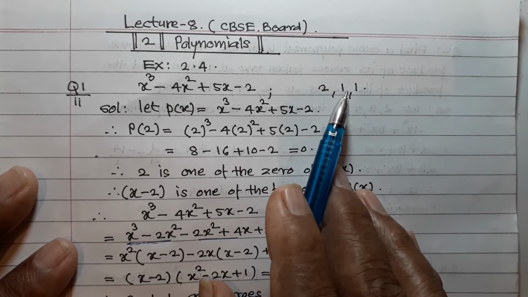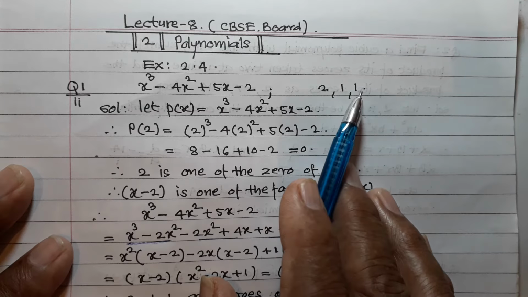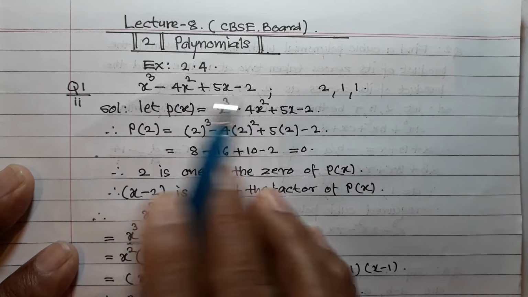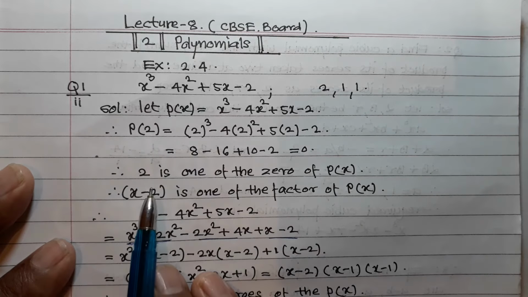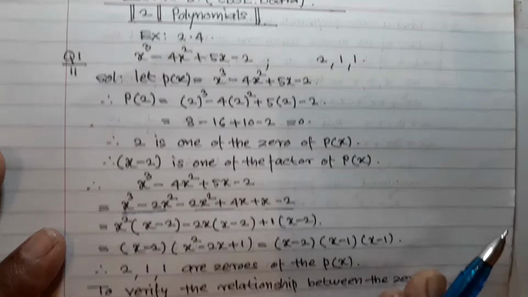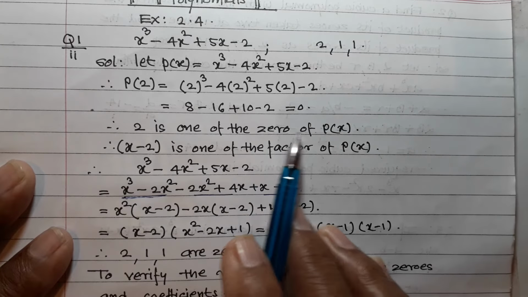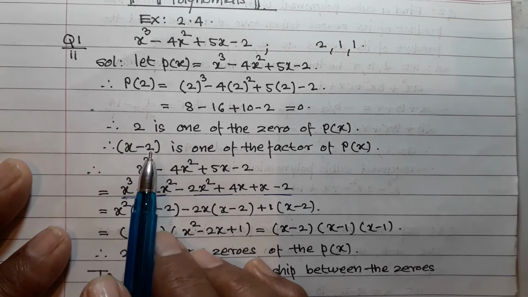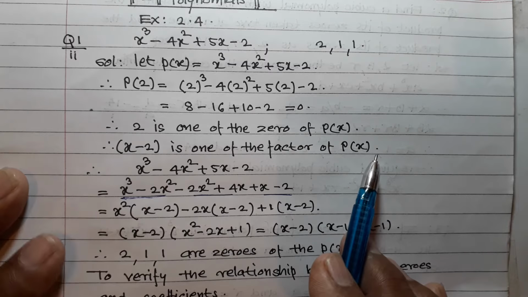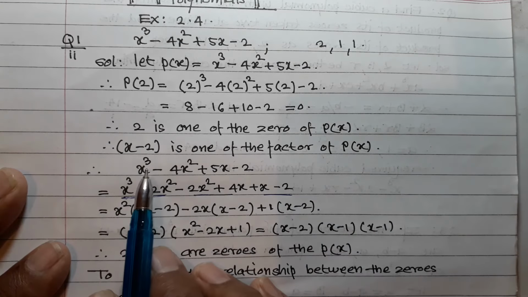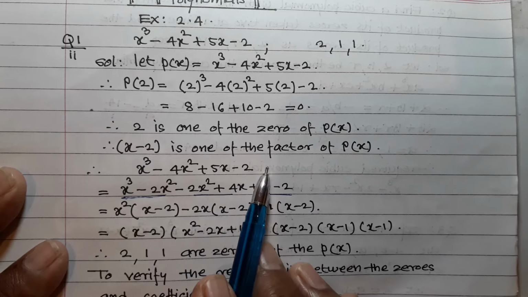Now to verify whether this 1 and this 1 are zeros, you can find it in this way also, but you adopt this method. So 2 is one of the zeros of p(x), and therefore x minus 2 is one of the factors of p(x), that is x cube minus 4x square plus 5x minus 2.